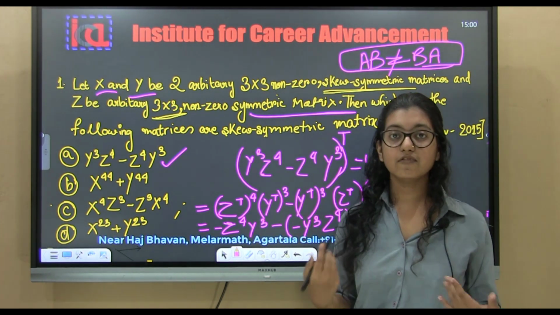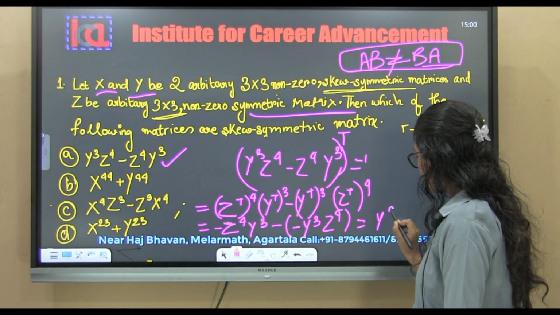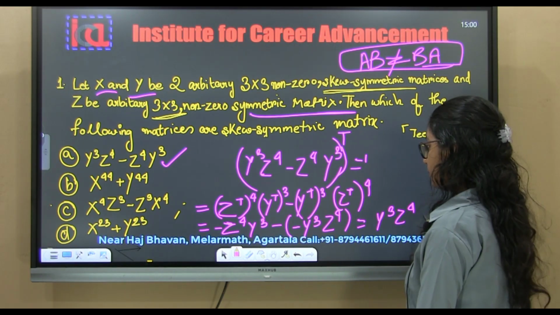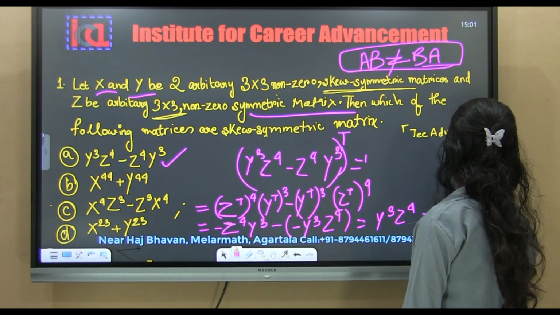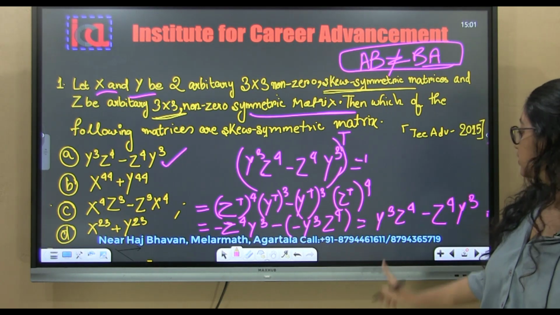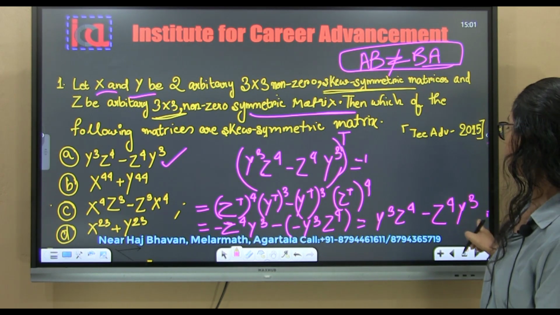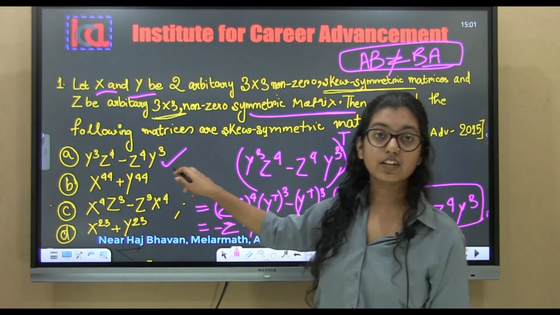So the final value will be what? Y cube Z to the power 4 minus Z to the power 4 into Y cube, which is exactly the same as the given expression.